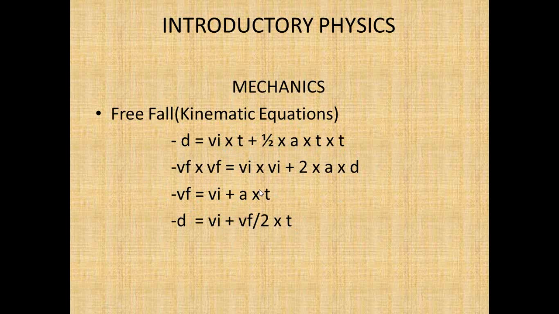So the acceleration is equal to the final velocity minus the initial velocity over time, and if you solve for final velocity, you get this equation. Let me just show you. At some later date we'll derive the others.